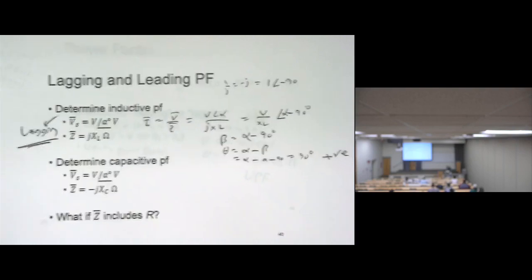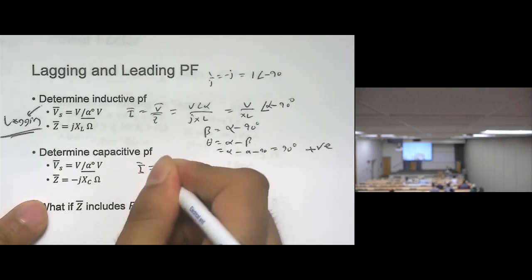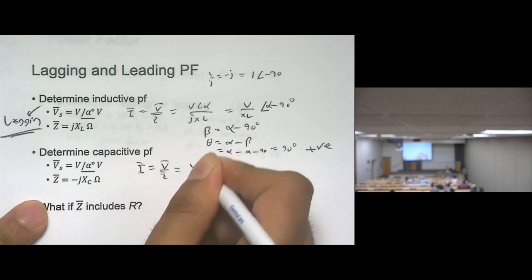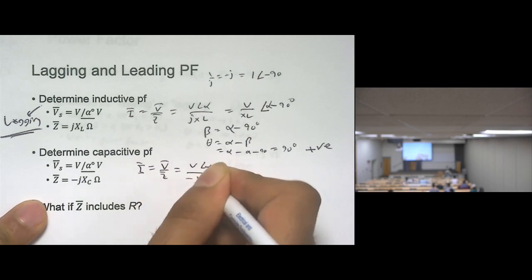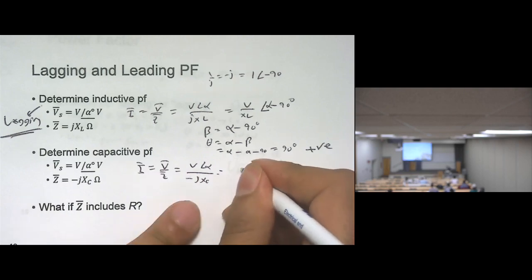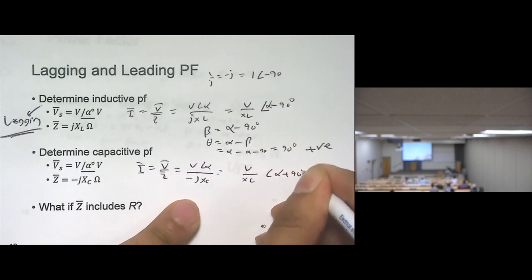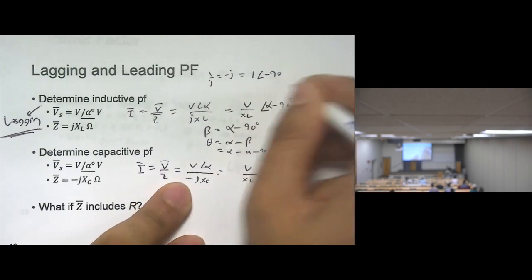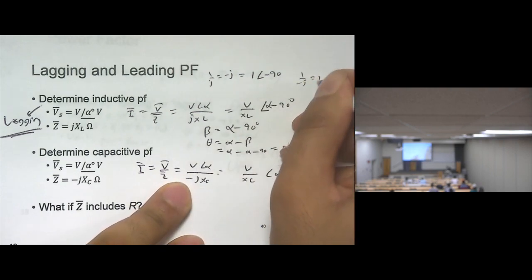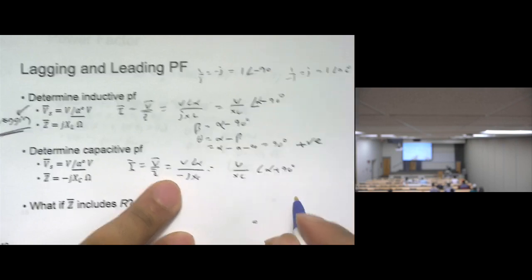How about the capacitor? The capacitor, the same way, I equals V over Z, which will be V angle alpha over minus jXC. Then it's going to be V over XC angle alpha plus 90 degrees. 1 over negative j equals j, and j equals 1 angle 90 degrees. That's why it's positive.